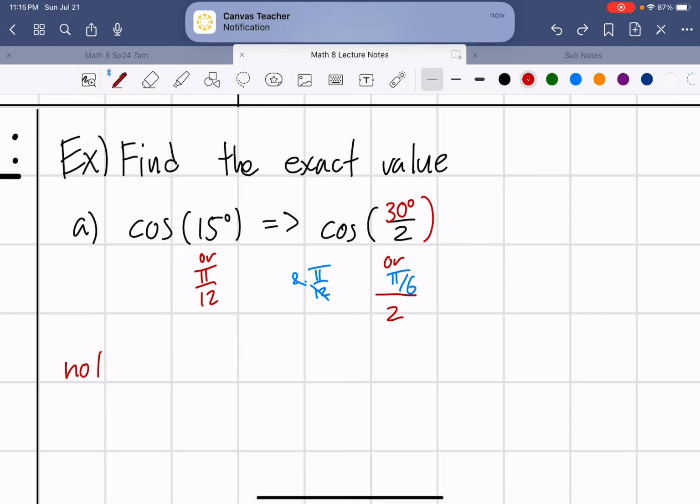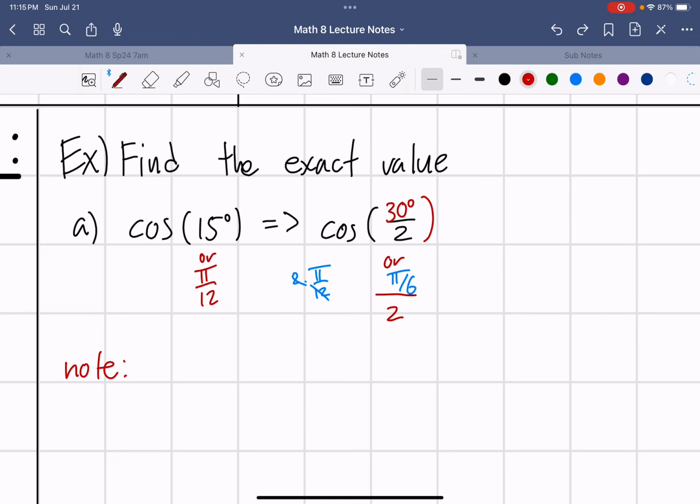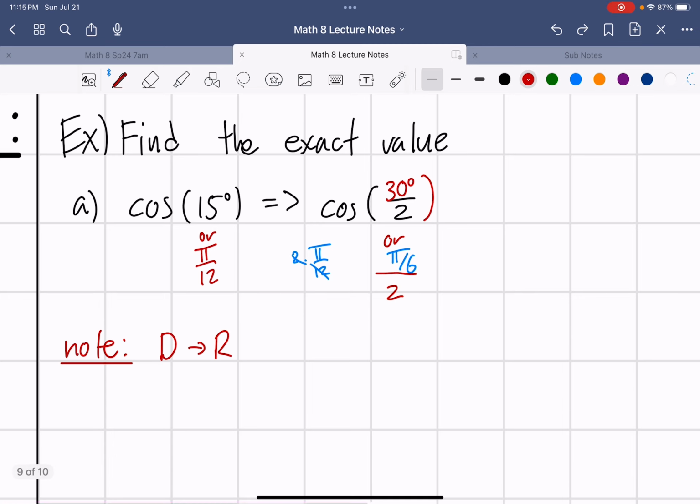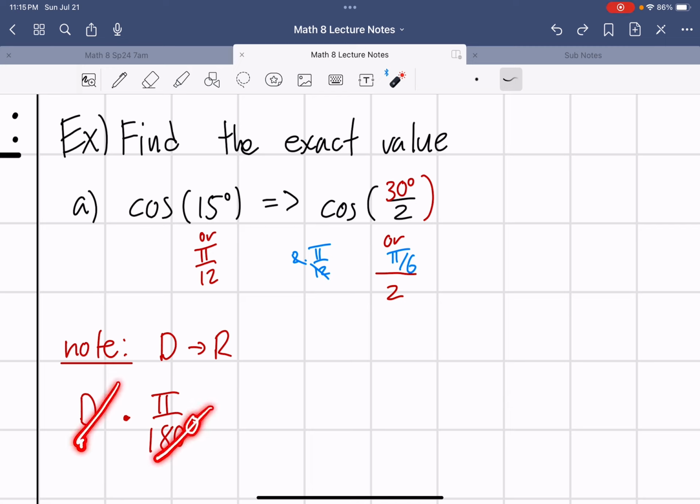If you're ever converting from, let's say, degrees to radians, you have to take the degree and multiply it by pi over 180. Because what this does is having the degree in the denominator will simplify the degree, and then pi is going to create the radian.